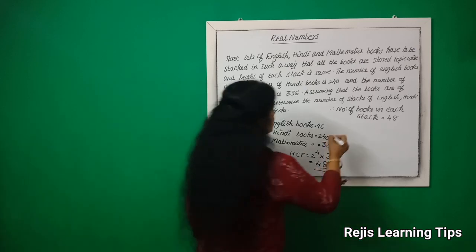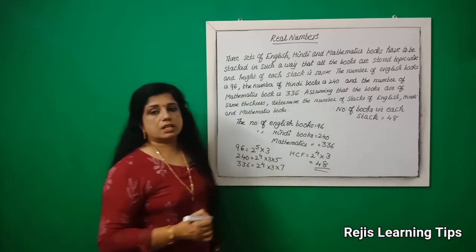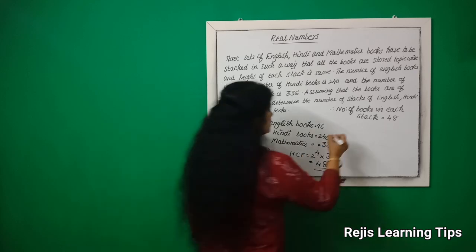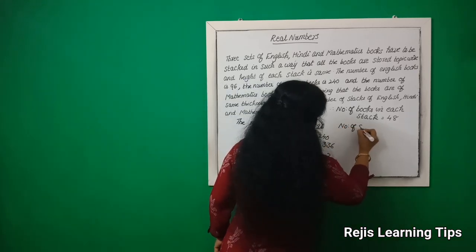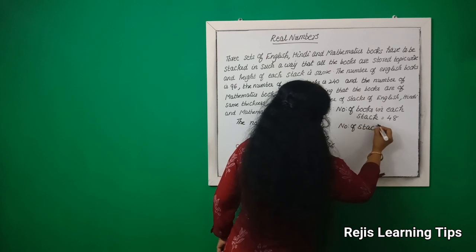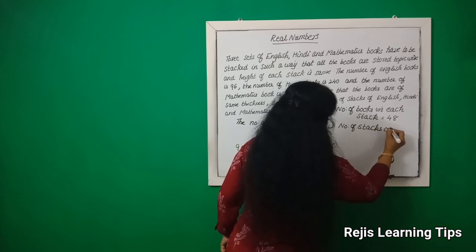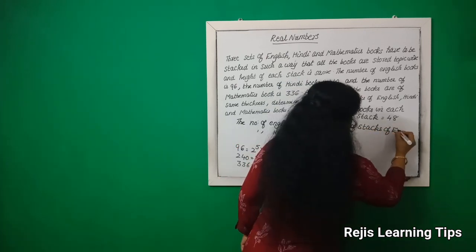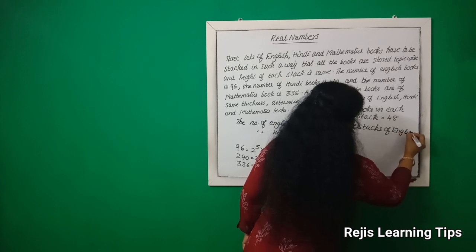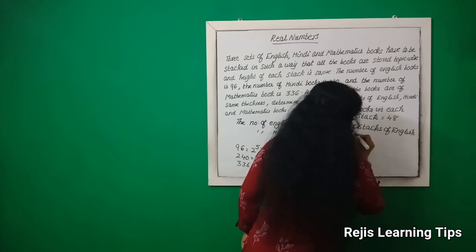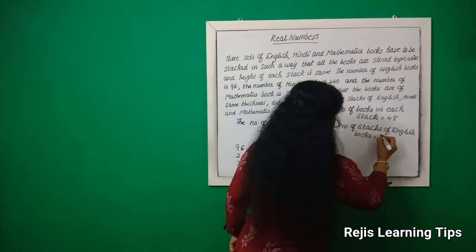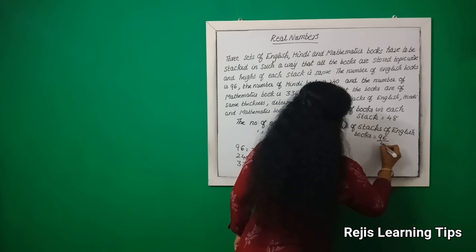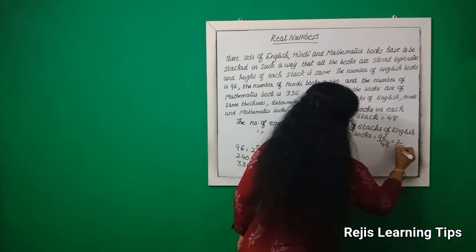Number of stacks of English books is equal to total number of English books, that is 96, divided by 48, that is equal to 2.